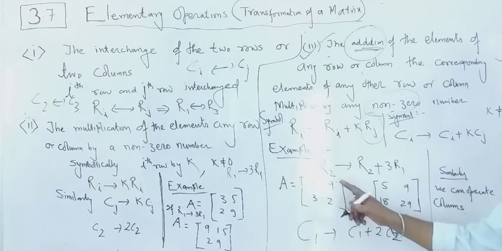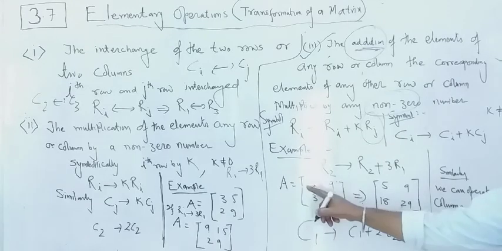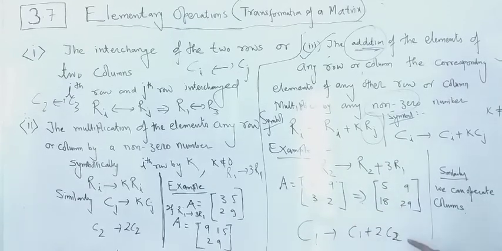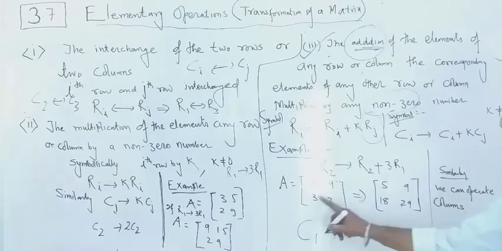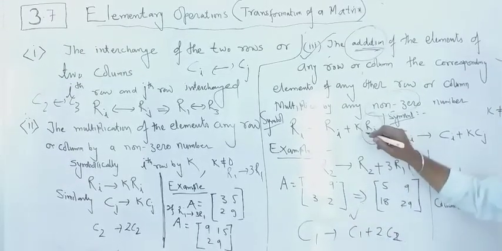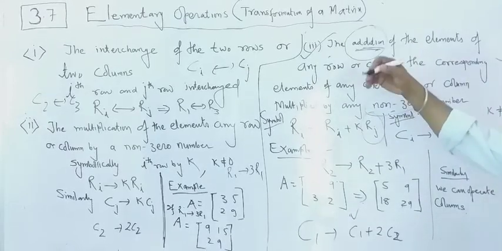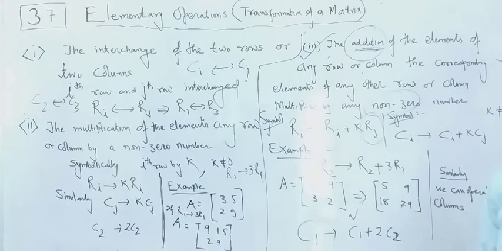So multiply all the members of C2 with 2. So 9 2s are 18, 18 plus 5 is 23, then 2 2s are 4, 4 plus 3 is 7, and don't touch this C2. This way you can operate on these matrices, and where to use, how to use, that we are going to see in a second session.